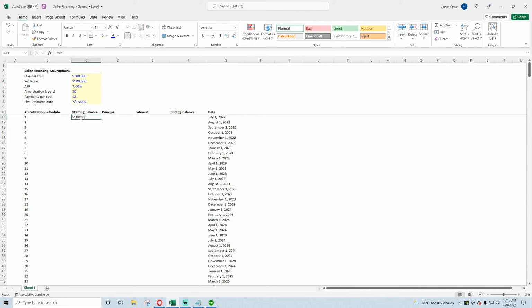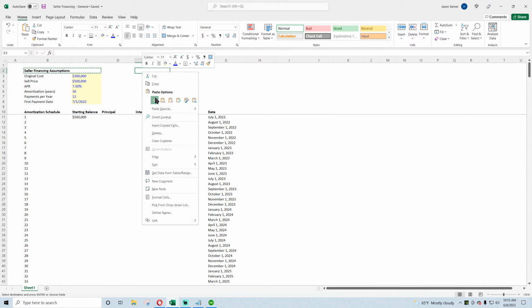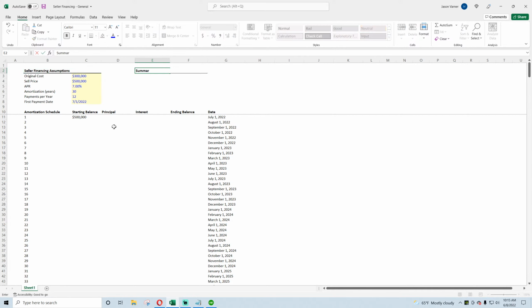It was for a mobile home park where they needed a model for seller financing the homes. I can't remember. All right, let's just do a starting balance of principal payment. Also, up here we'll do summary: total principal paid, total interest paid, total paid.